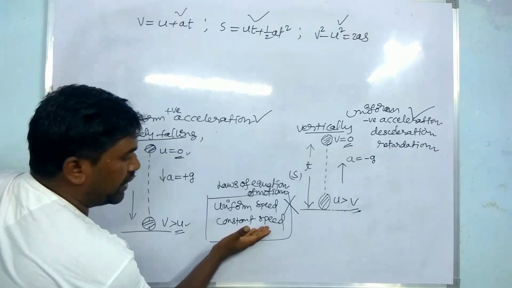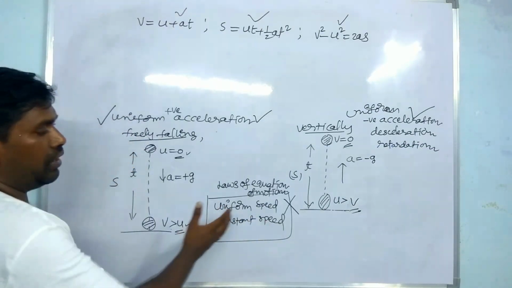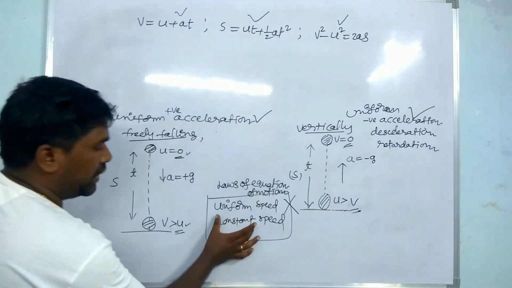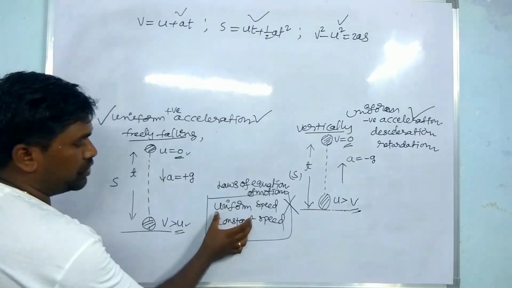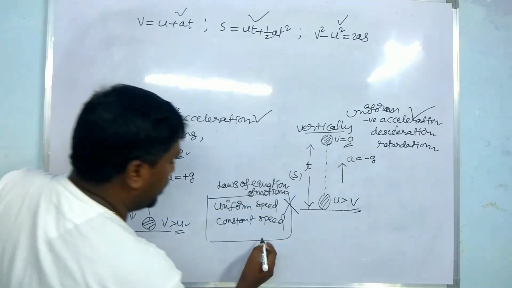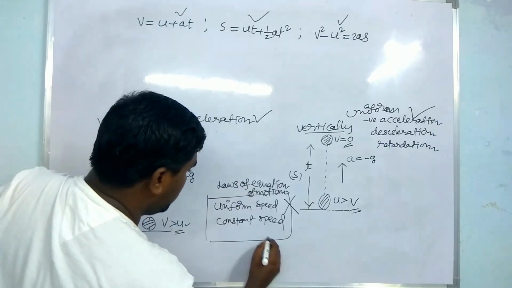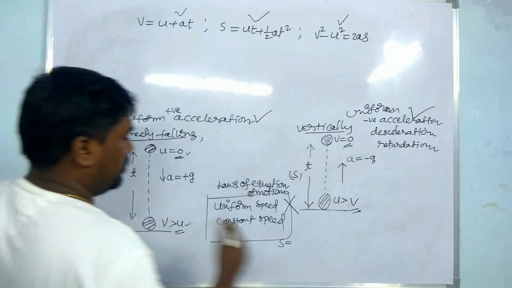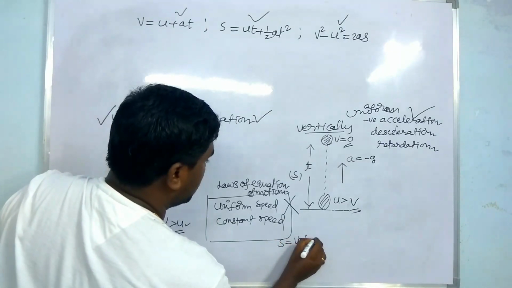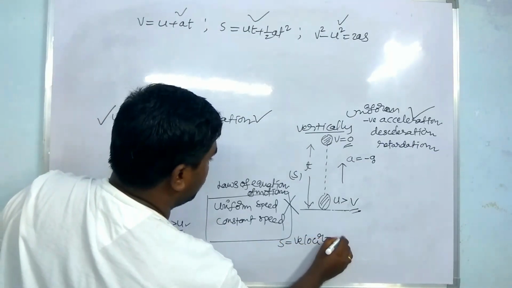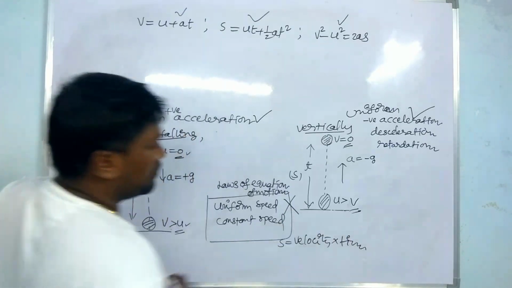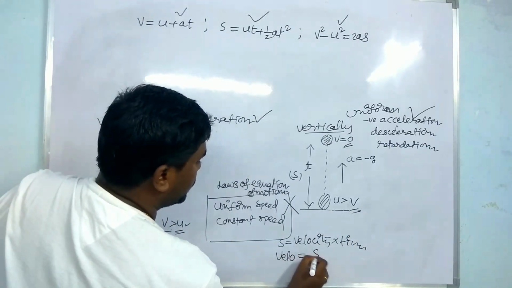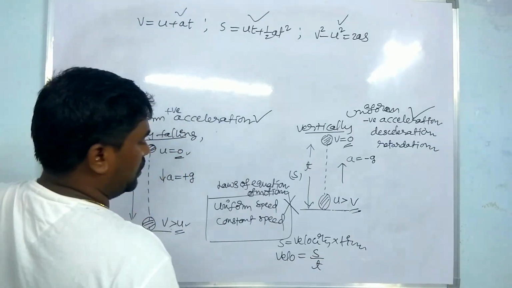But in the other case, how can we find the velocity or the distance or the time? If the object is moving with uniform speed, then distance is equal to velocity into time, or velocity is equal to distance by time.